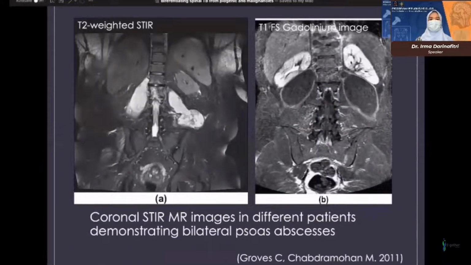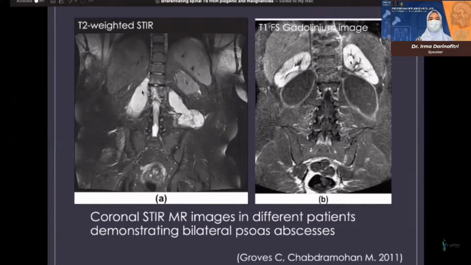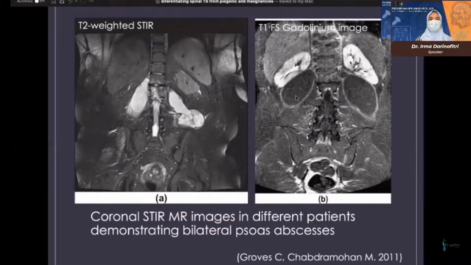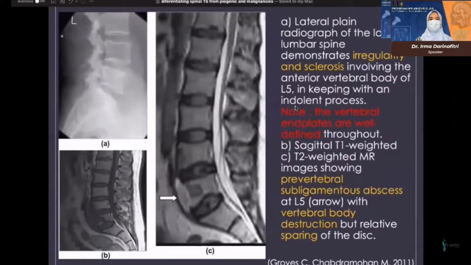These are coronal STIR MR images in a different patient demonstrating bilateral psoas abscess. With T2 weighted STIR, we see a hyperintense lesion in the psoas projection, and on the T1 fat saturated gadolinium image, we can see a cystic lesion with rim enhancement and thin wall in the bilateral psoas.